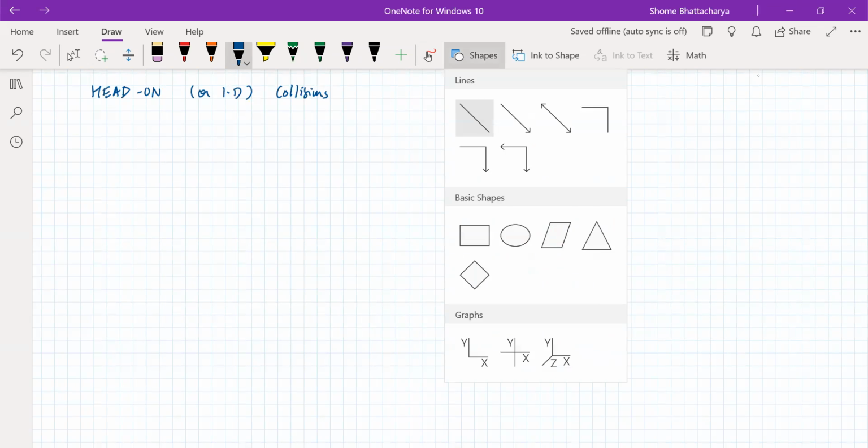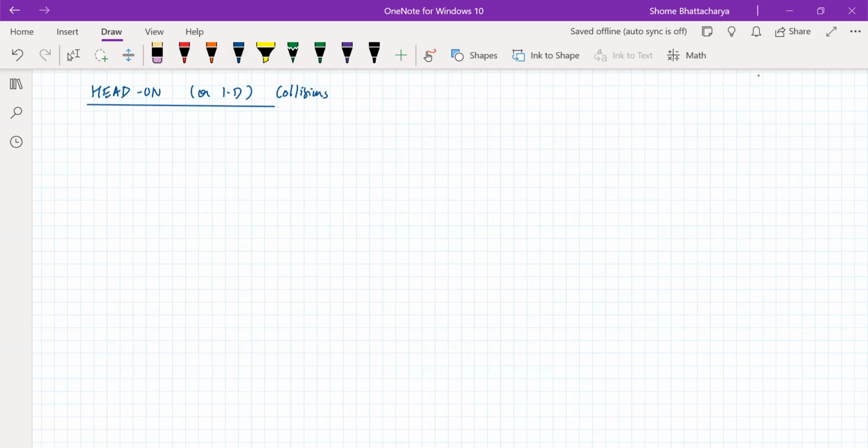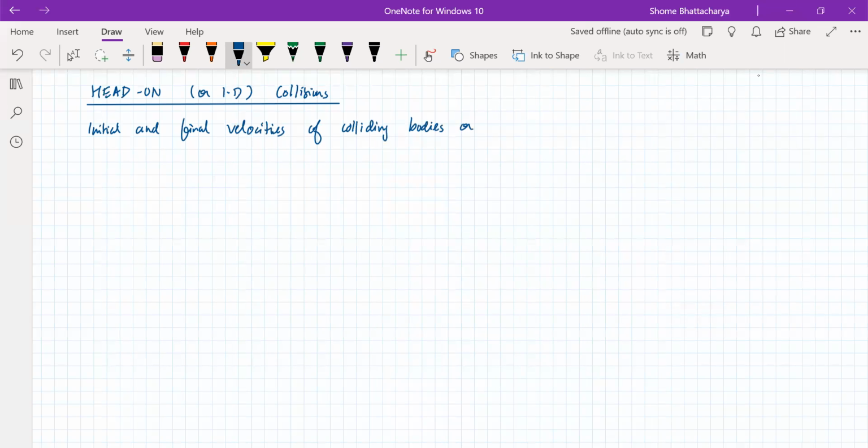So in this, what happens is that by definition, the initial and final velocities of colliding bodies or particles are collinear. That means they are along the same axis.